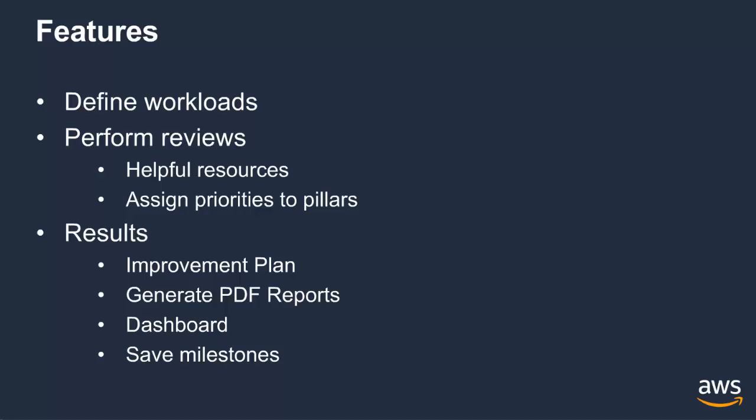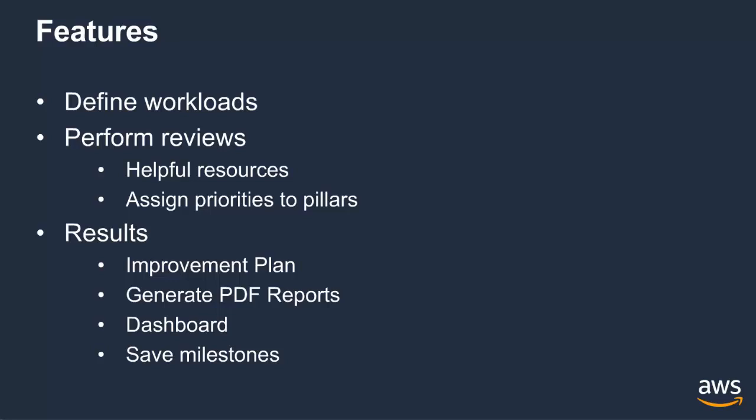The primary concept for conducting a well-architected review is something called a workload. A workload is a collection of services and data that you use to perform some function. It can be fairly arbitrary, but usually it's pretty well defined within most companies. When you define a workload, you define the attributes about it, and then you can perform a review on it.